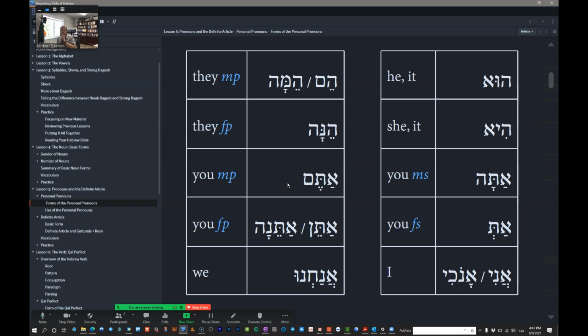You, if I'm speaking to a group of men, you masculine plural, achal tem. If it's feminine, achal ten. Now here it's attain or atena, but in the verb this shifts to a segel instead of a sere. So achal tem would be you masculine plural ate. Achal ten, taking the ten suffix, would be you feminine plural ate.